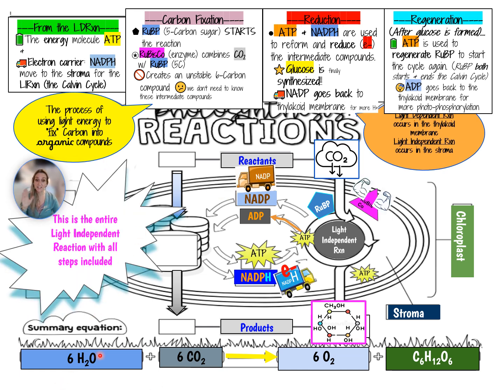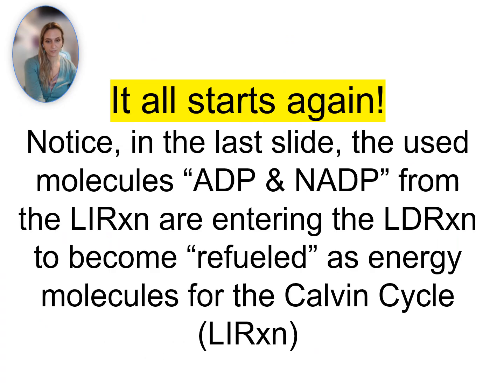Okay, so this is the entire light independent phase with all the steps included and all of our little molecules involved in the picture. Okay, and it's all going to start again.